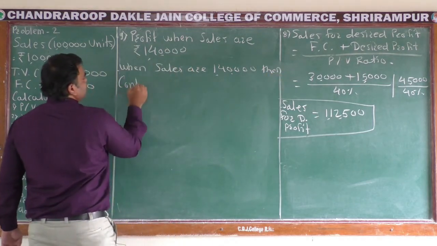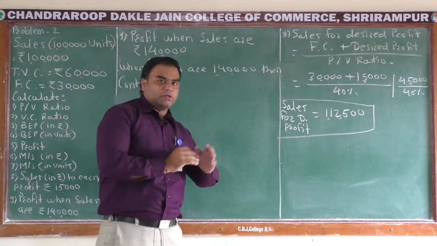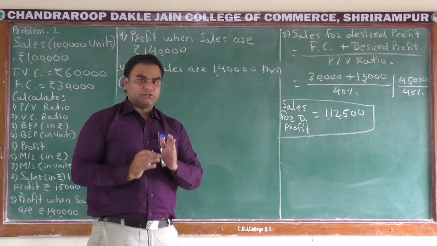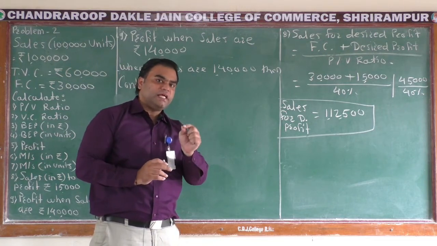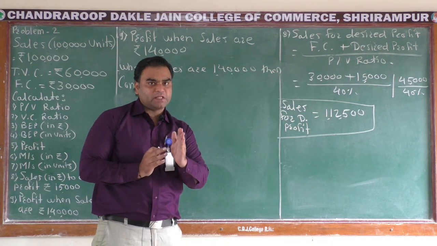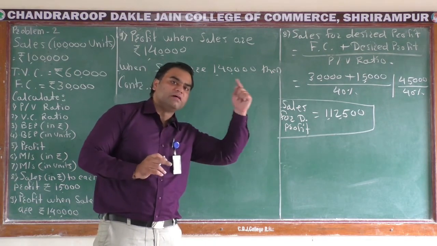How do we calculate the contribution? By using PV ratio or contribution ratio. What does PV ratio tell us? PV ratio tells us the percentage of contribution to sales. Here PV ratio is 40%, means here contribution is 40% of sales.